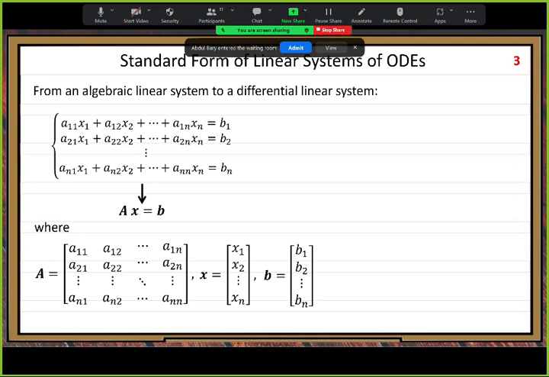That's the compact way to write an algebraic linear system. And here I'd like you to get used to the structure of the matrix.